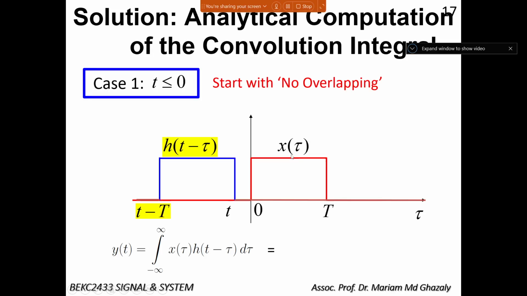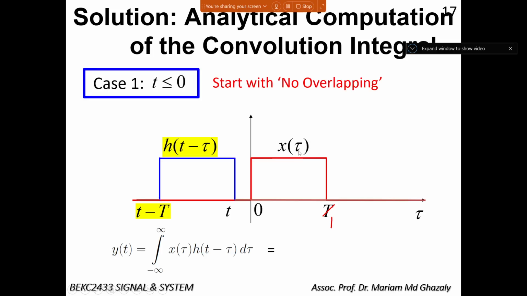So this signal is from 0 to 1, since T is 1, and what we are going to shift is h(t minus tau), which we draw on the left side. For case 1, we start with both signals not overlapping, meaning h is not overlapping with x(t).